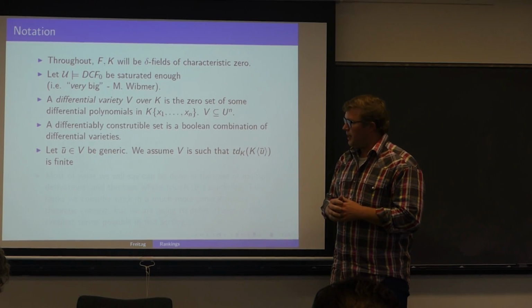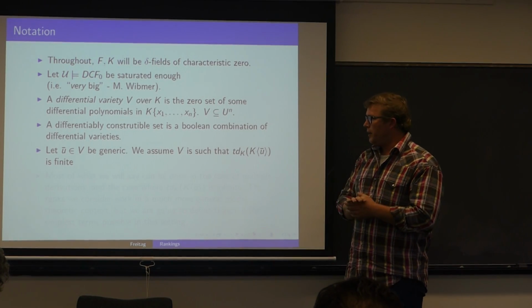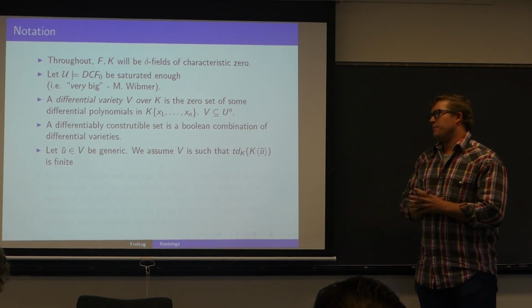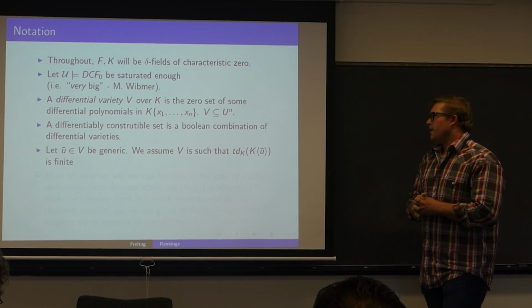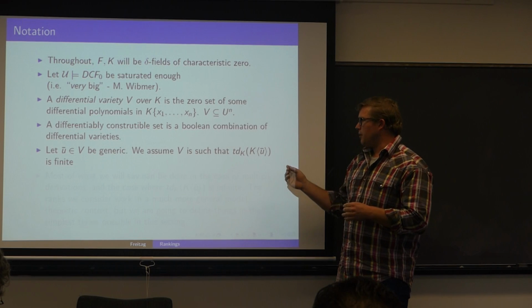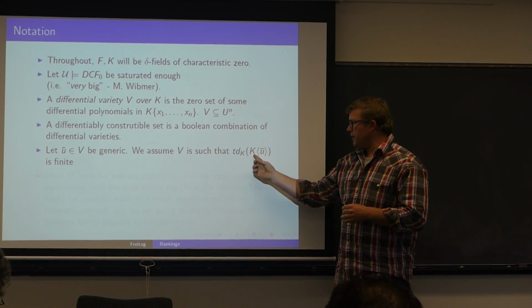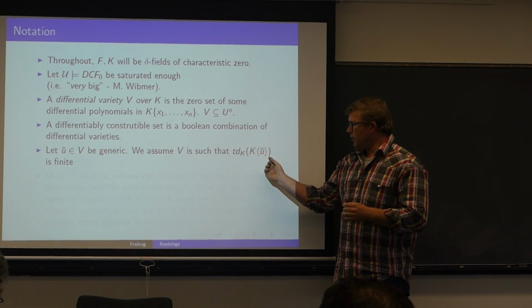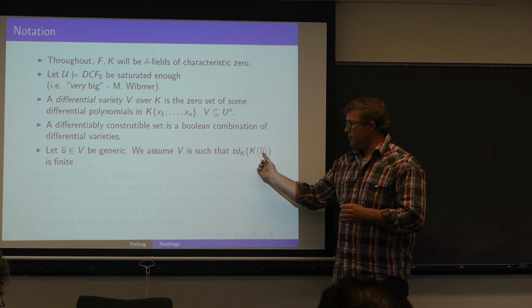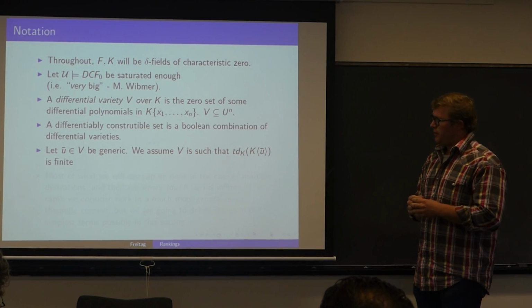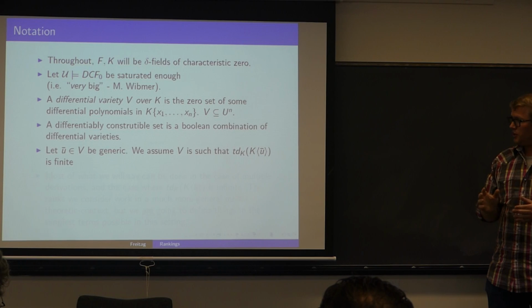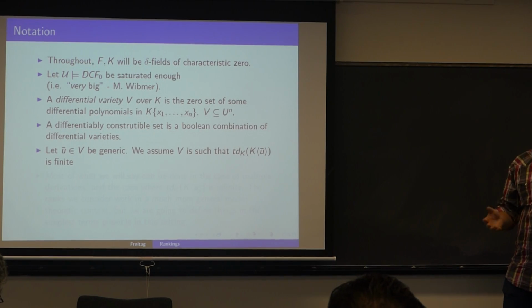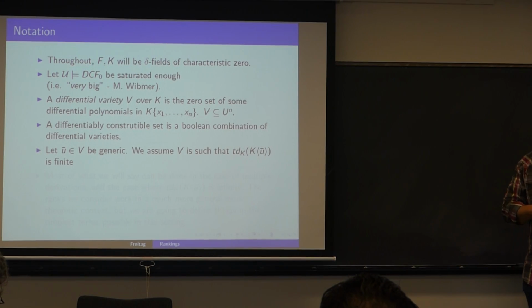If I fix a Kolchin generic point, I think most people in this room know what it means, then I'm going to be working under the assumption that the transcendence degree of the differential field generated over K by that generic point is finite. So some people would call this being finite rank or finite dimensional.